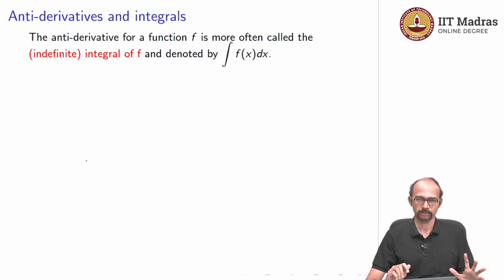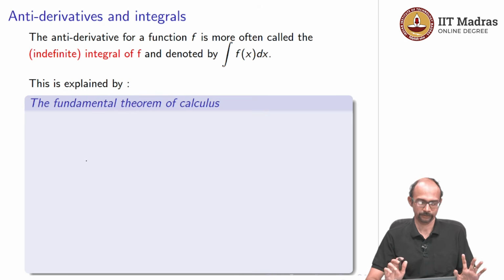You have to of course keep track of the fact that the area comes with a minus sign if the function is below, and a positive sign if the function is above. That is what the definite integral does, and the indefinite integral is nothing but an antiderivative. It is that function such that when you differentiate it, it gives you little f of x.